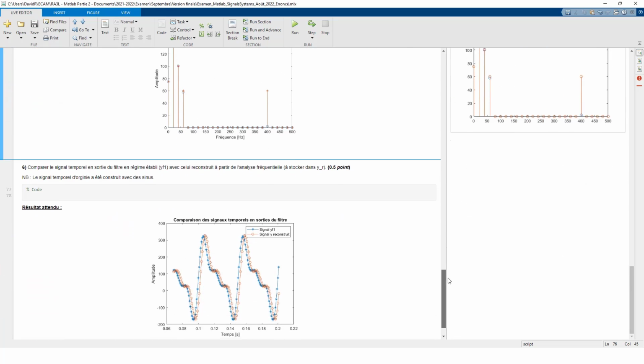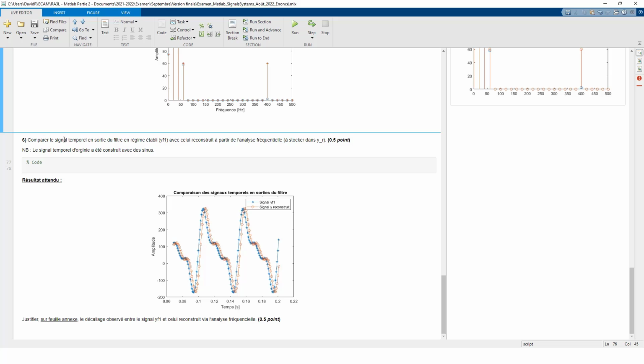Ça nous amène à la dernière question de l'énoncé. Donc on nous demande de comparer le signal temporel en sortie du filtre en régime établi, notre fameux YF1, avec celui qui pourrait être reconstruit à partir de l'analyse fréquentielle qu'il faudrait stocker dans YR. Et donc on va reconstruire ce signal temporel d'origine à l'aide de différents sinus.